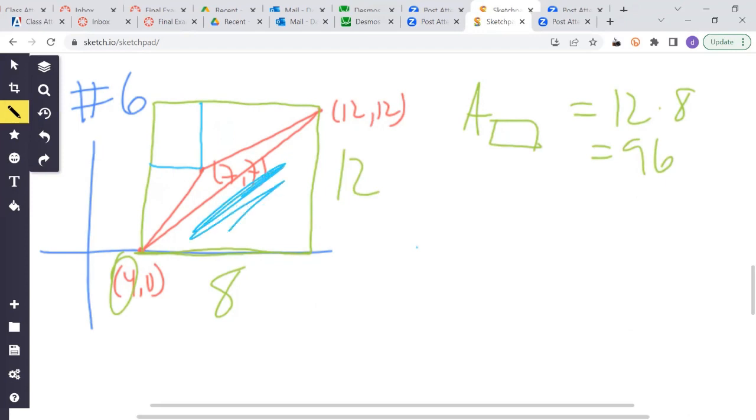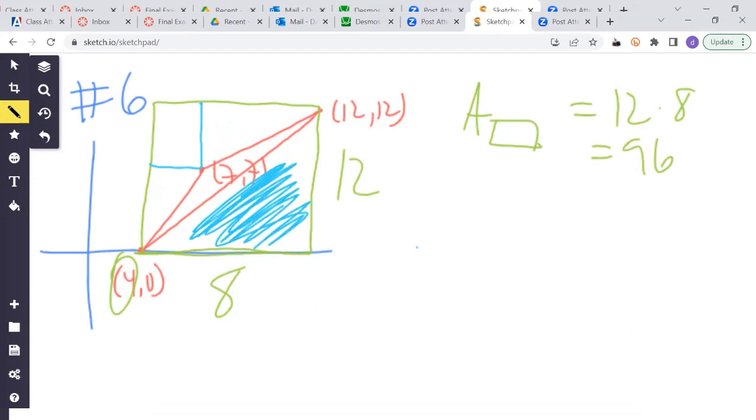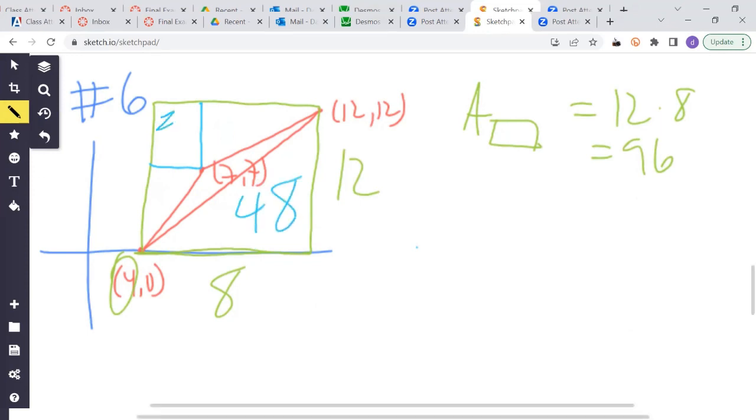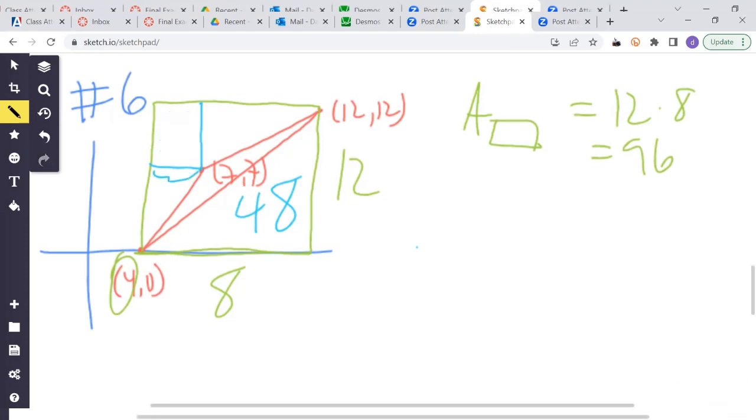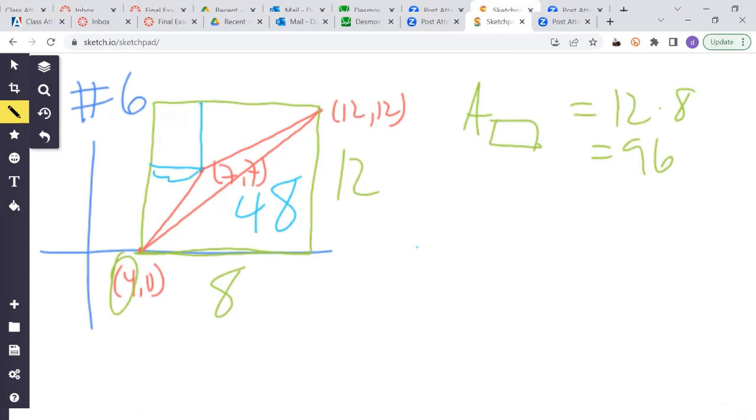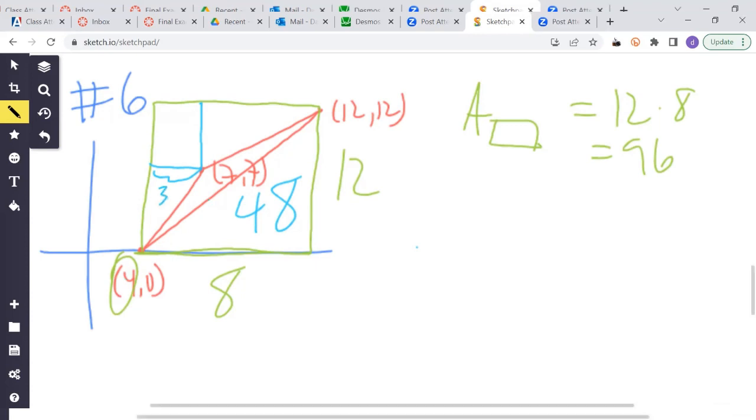So for instance, this one here is a triangle. So go 1/2 base times height. And if you do that, you get 48. For this rectangle, you have to find the dimensions. From here to here, that's going to be 3 because you're going from 4 to 7. And in this part, you're going from 7 to 12, so that's 5.